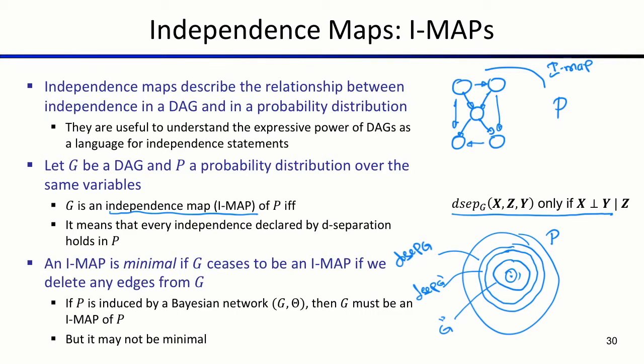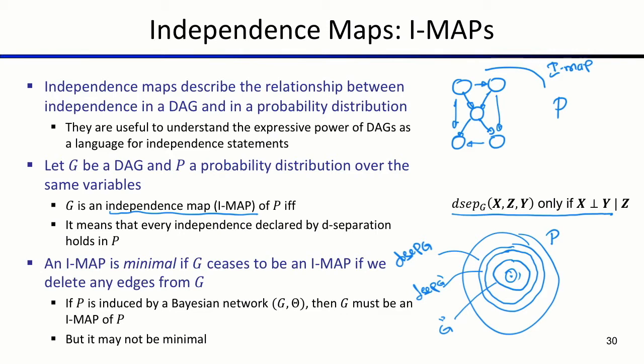If you look at this fully connected graph, it will be an IMAP for P, because we are only saying that d-separation implies independency, and if we have no d-separation at all, then we have an empty set.